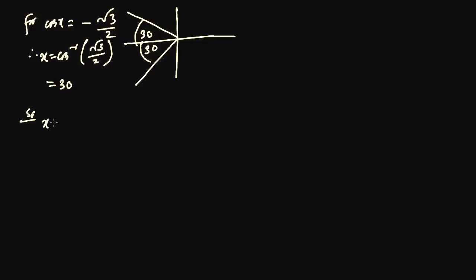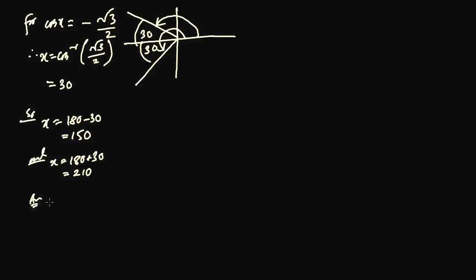So now the answer. This angle falls in the second quadrant. So this angle would be 180 degree minus 30, which is 150 degree. And this would be 180 degree plus 30 degree, which is 210 degree.